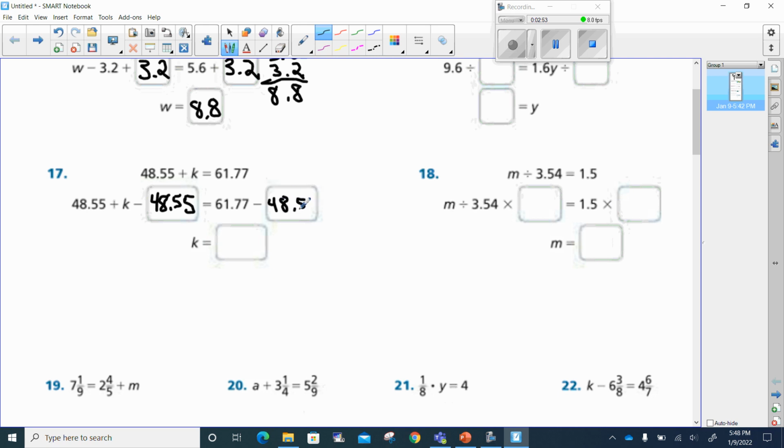It's only fair. That's the only way to keep an equation balanced. Now I have 61.77 minus 48.55. Once again, I'm going to line up my decimals. The rule is if my signs are different, I find the difference. That's the answer to a subtraction problem, which means I'm going to take the big number minus the small number.